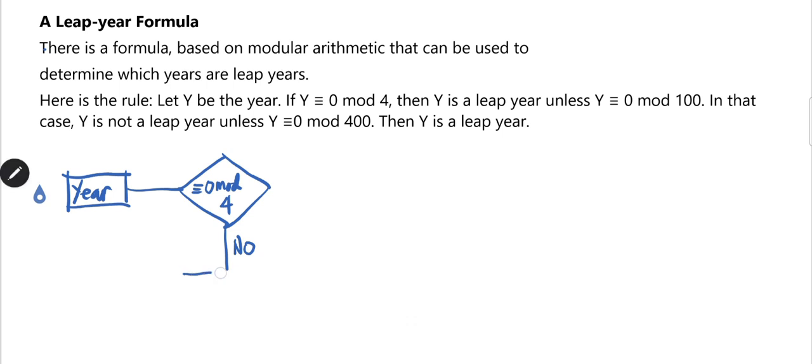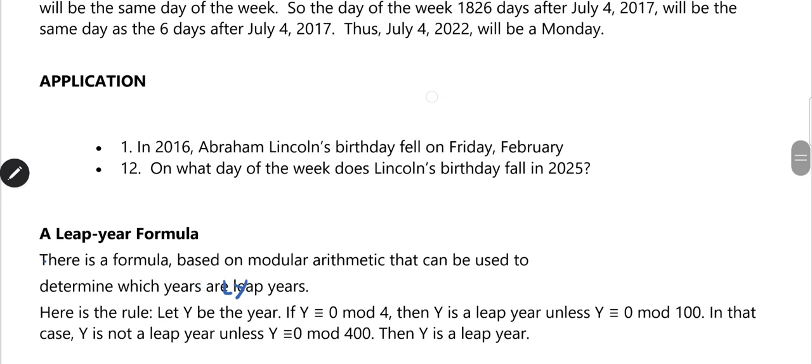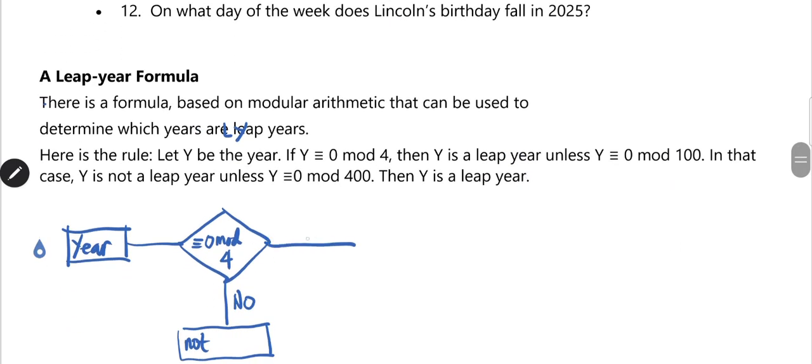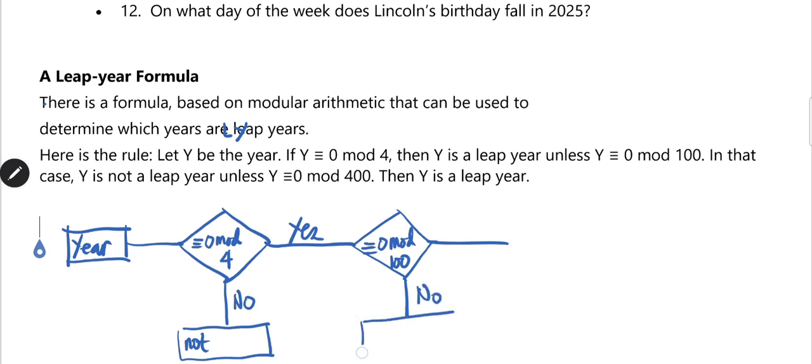Now, if the answer is yes, then we need to ask again if it is congruent to 0 modulo 100. Now, if our answer to this is no, then we say that it is a leap year.